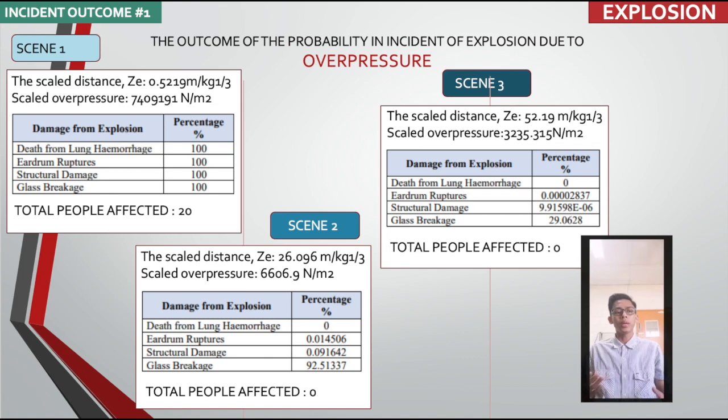After calculating the probability and percentage of death and damage, the explosion caused the death of 0 people from lung hemorrhage and eardrum rupture. No damage to the structure is done, however, the explosion caused 29% of glass breakage, lower than the scene 2 scenario. So what I can conclude is that the further the distance from the ground zero point of the explosion, the lower the rate of damage to property and death of people.